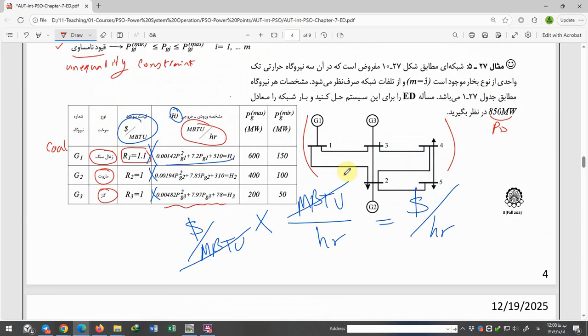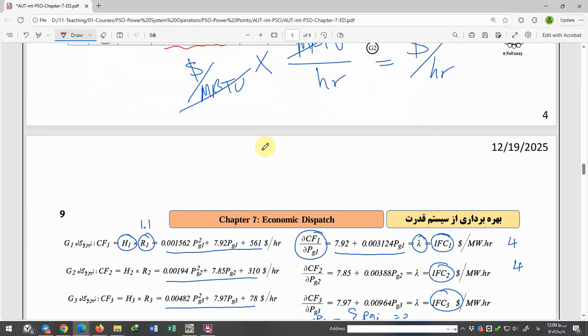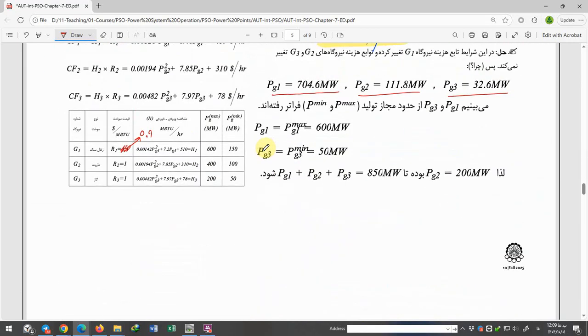And if you compare with the limitation, we can find that the limitation is not valid for PG1 and PG3.